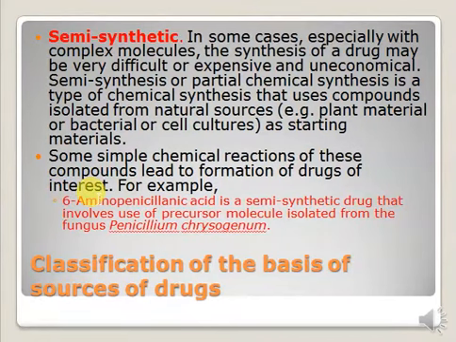Just see that we have taken a complex molecule from this fungus and carried out a simple amination reaction, and we have got a complex 6-aminopenicillanic acid. Right, so since we have taken the reactant from nature, this type of drug that is prepared will be called a semisynthetic drug.